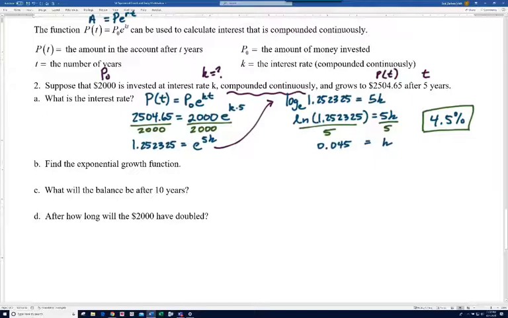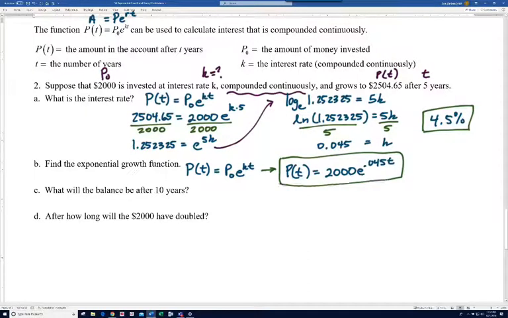All right, so now on B it says find the exponential growth function. Well, we know P naught, and now we know K, and so we can plug those in. We get 2,000 times e to the 0.045t. In part C it says what will the balance be after 10 years.